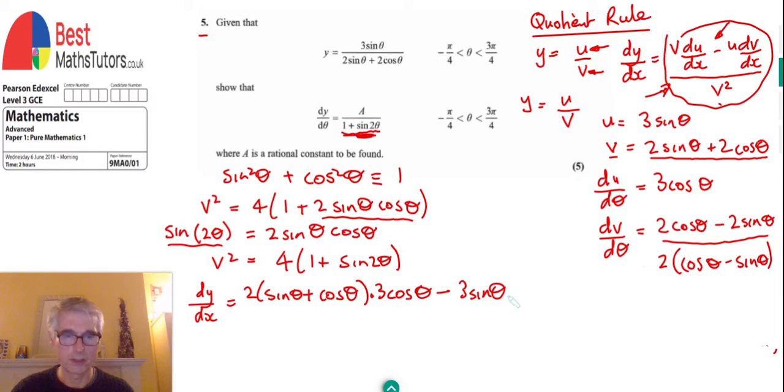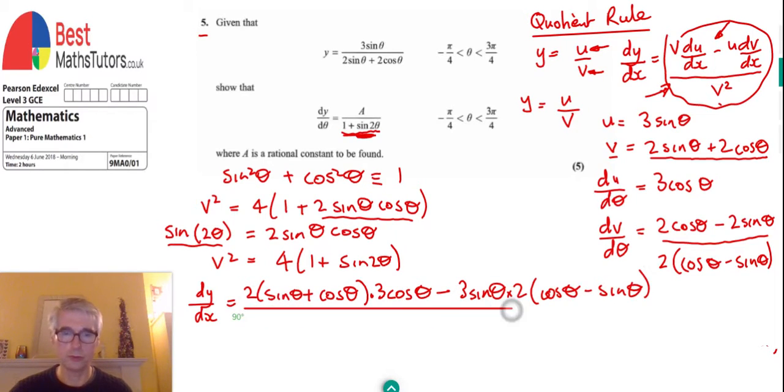So that's going to be times by 2 cos theta minus sine theta, and it's going to be all over the 4 1 plus sine 2 theta.